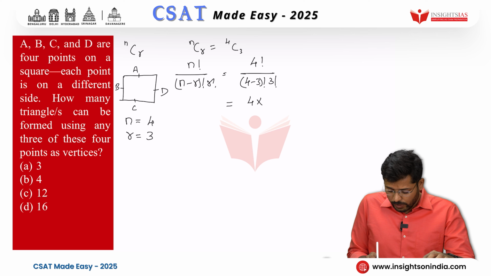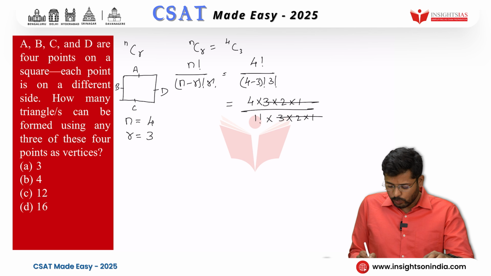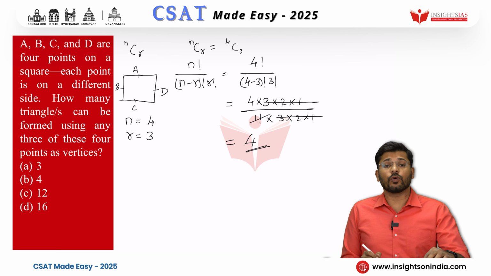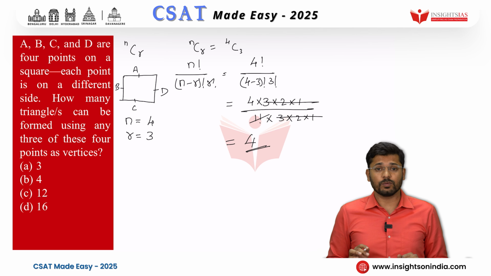That would be 4 into 3 into 2 into 1, and this would be 1 factorial into 3 factorial, which would be 3 into 2 into 1. So we can cancel out 3 into 2 into 1, 3 into 2 into 1. Then 1 factorial, its value is 1, so it doesn't have any value. So ultimately, what will be the value of 4C3? That would be 4.